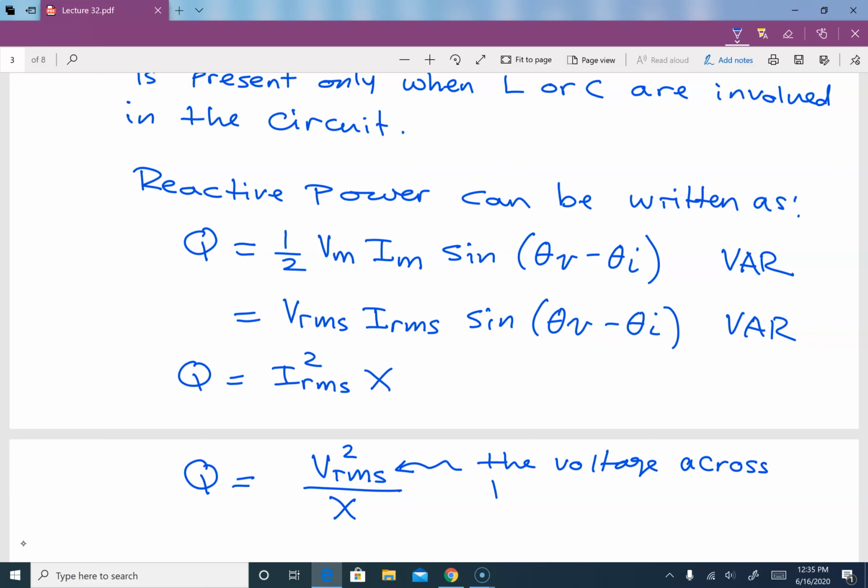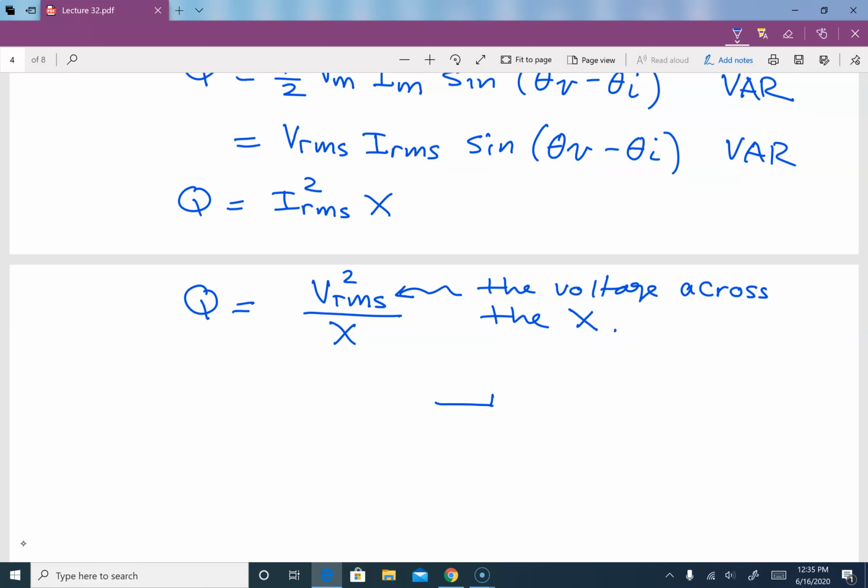across the X. So again, if I have something like this is our jXL, this is R, then over here I have to get the magnitude of this voltage across the reactance, and substitute it over here.